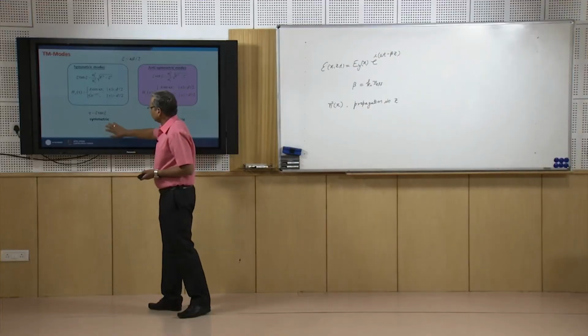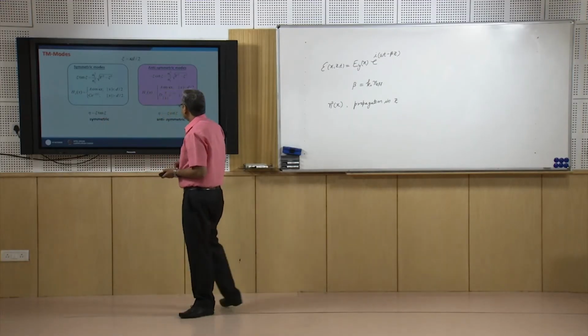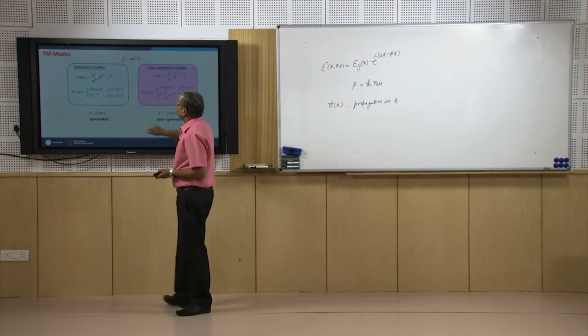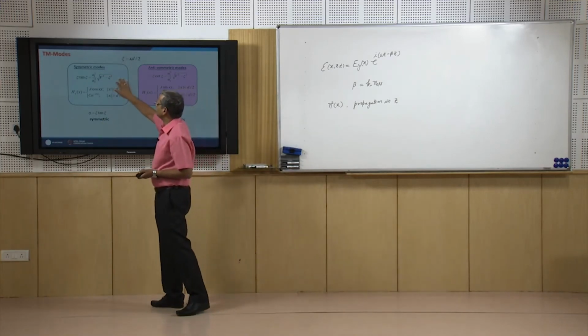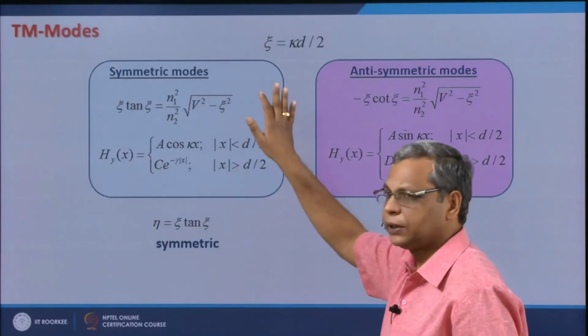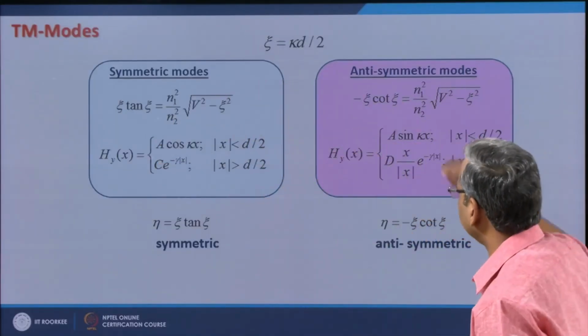So, the transcendental equation is this. If I use the graphical solution to solve this, I should equate the right hand side and left hand side both to eta in this case as well as in this case.